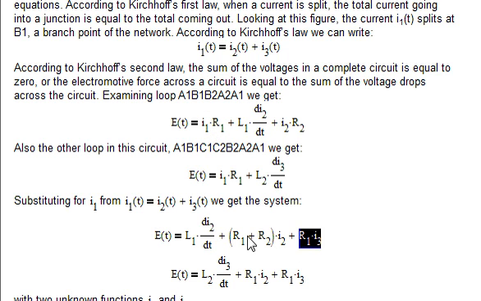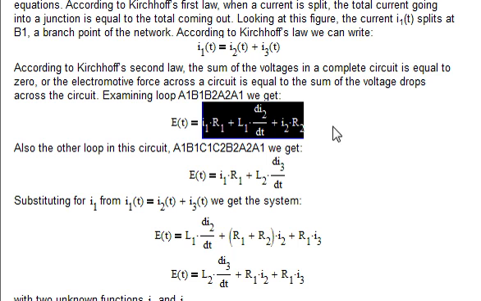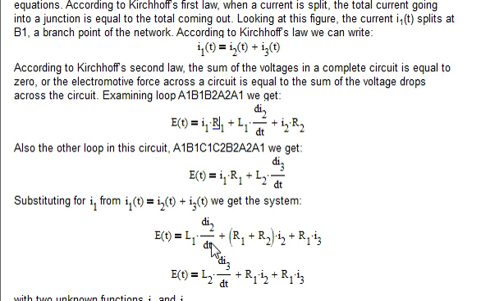And here's the R1 times I3, here's the R2 times I2, and the R2 times I2, and then from here we get the R1 times I2. So therefore, that's just this equation with I1 substituted as I2 plus I3.